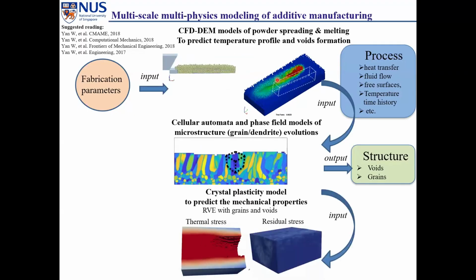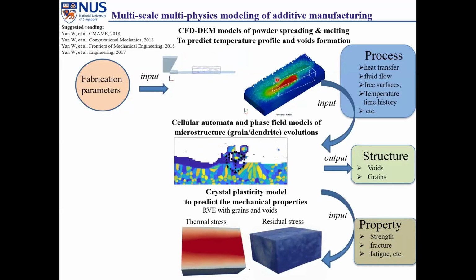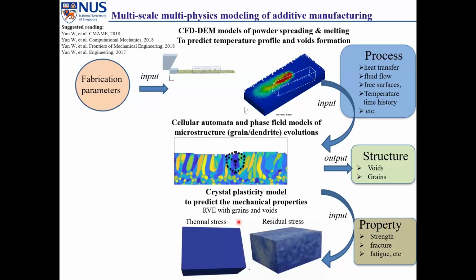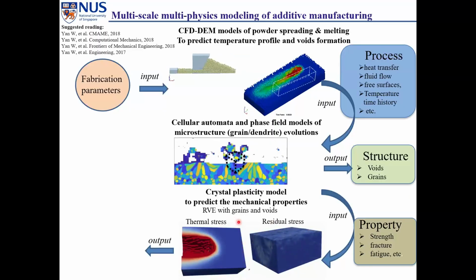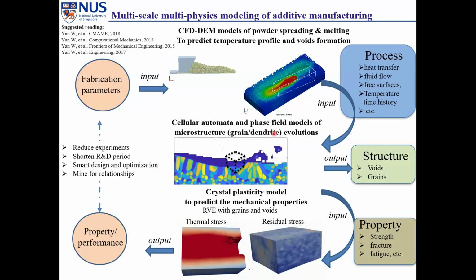And then we can use crystal plasticity models for metals to predict the mechanical properties, including strength and fatigue. But we will mainly focus on thermal stress and residual stress because this is the problem that is most difficult in industry. Then we can evaluate the mechanical property from the manufacturing parameters through this simulation workflow.